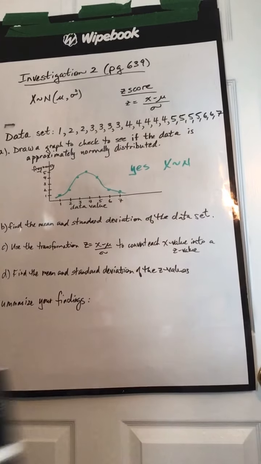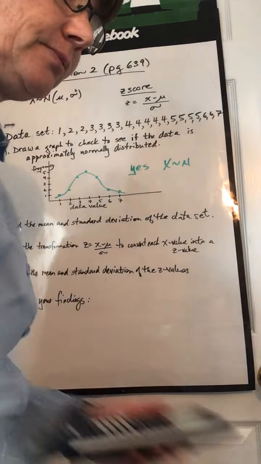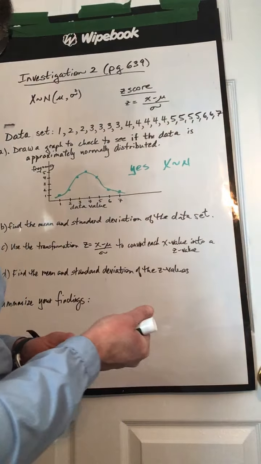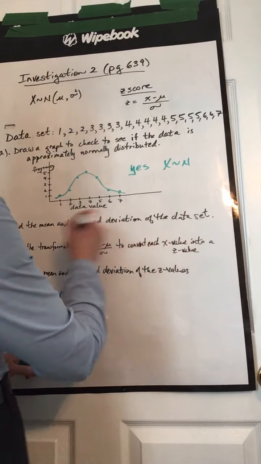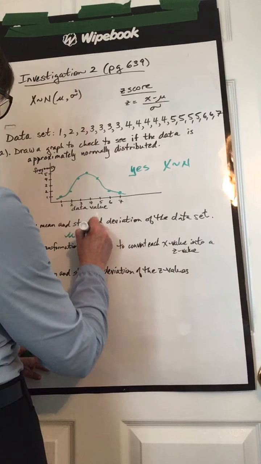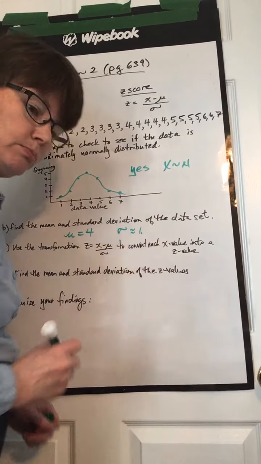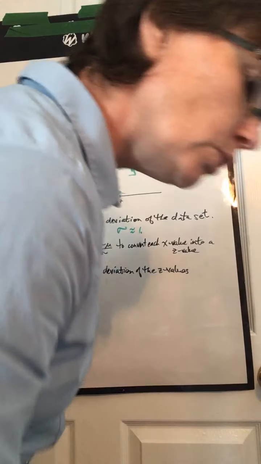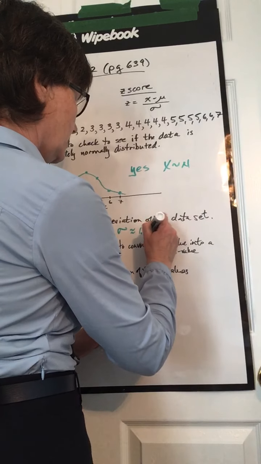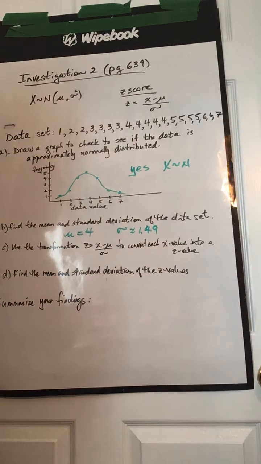Okay, so let's get this set back up. We have mean 4, standard deviation 1.49. Okay.